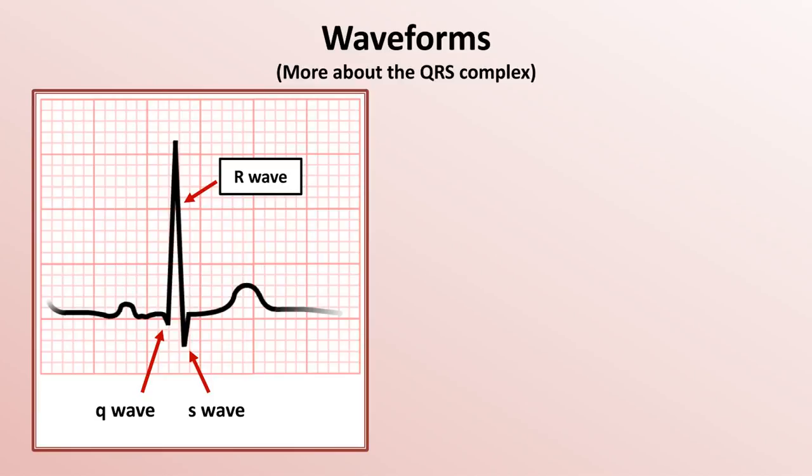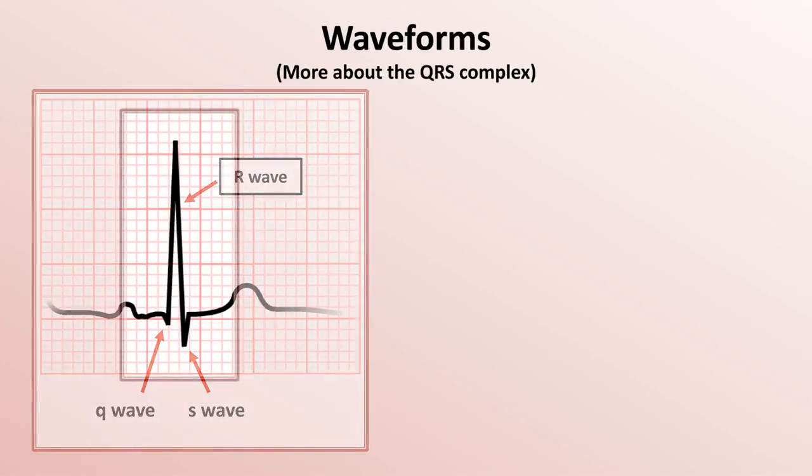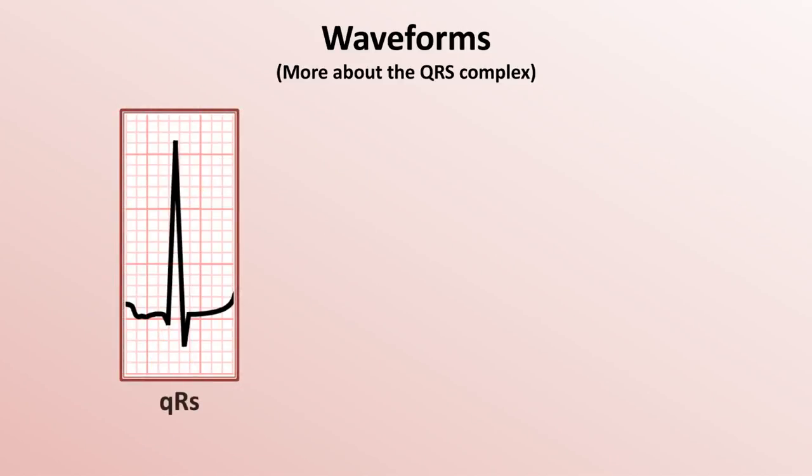First, you'll notice that in this example, the Q and S are written in lowercase, while the R is in uppercase. That is not based on whether they are positive or negative, but rather whether they are subjectively large or small. In shorthand, one could label this complex as lowercase q, uppercase R, and lowercase s.